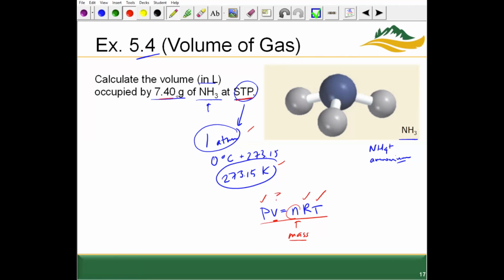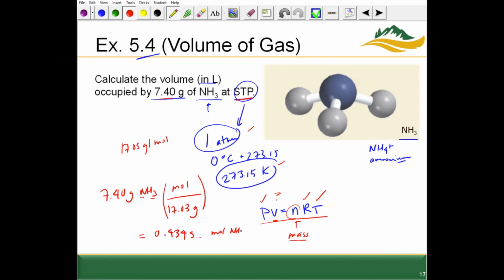So let's convert 7.40 grams of ammonia into moles of ammonia. Given the molar mass of nitrogen and 3 hydrogens, this is 17.03 grams per mole. We would need to orient this such that grams cancel, and that's equal to 0.4345, some additional digits, moles of ammonia.